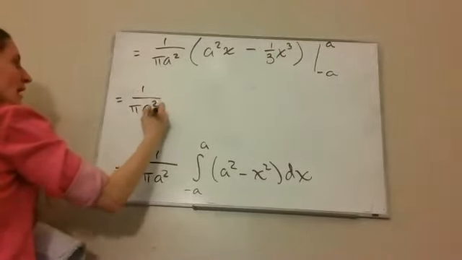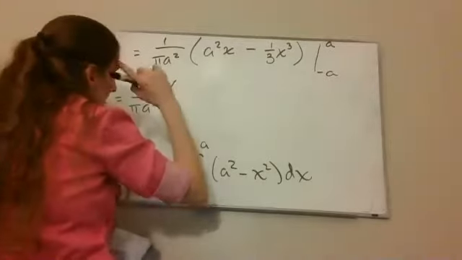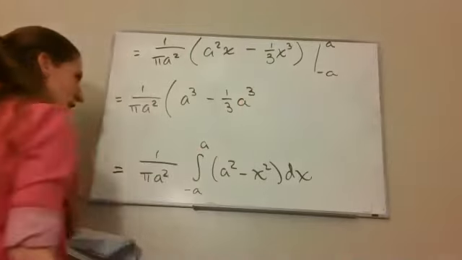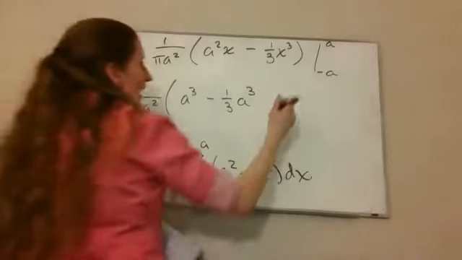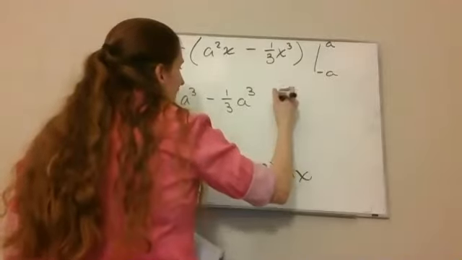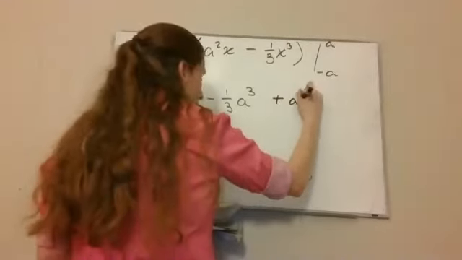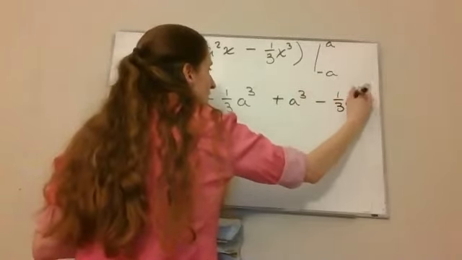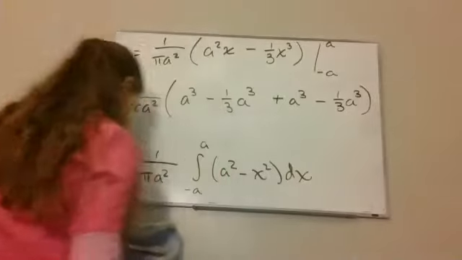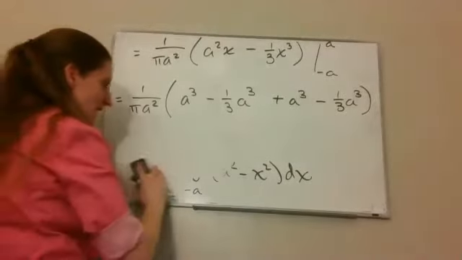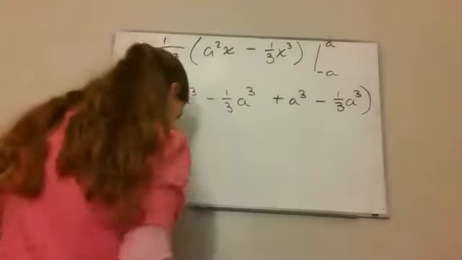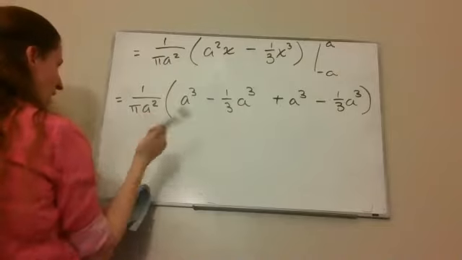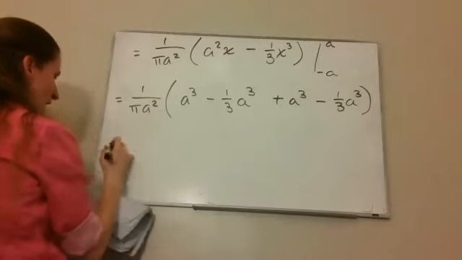So here's my 1 over pi a squared. When I plug in positive a, I'm getting a to the 3rd minus 1/3 a to the 3rd. And when I plug in negative a and then subtract what I get, I'm going to end up getting a positive a to the 3rd minus 1/3 a to the 3rd. So when I combine all of that together, I'm going to go ahead and multiply some of this through.